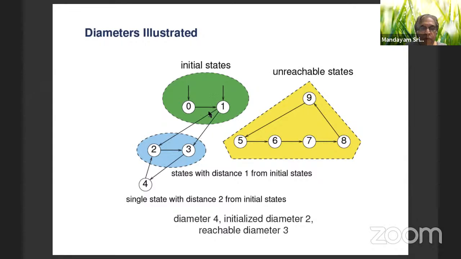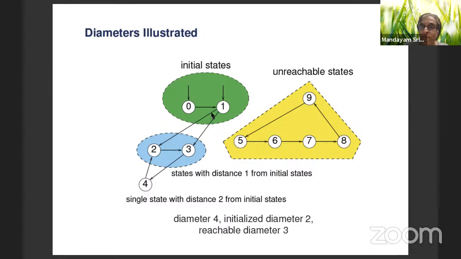When you do T on S0, S1, where S0 consists of 0 and 1, you will get 2 and 3, because both of them are at a distance 1 from one of the initial states. So 3 and 2 have a distance of 1 from the initial states.